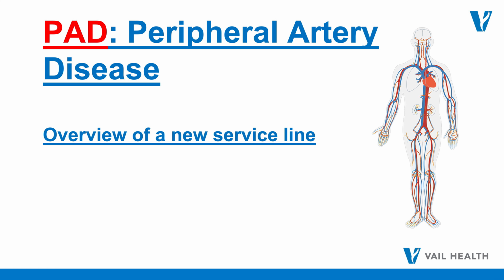So it happens in other arteries. And so we're able to manage it with procedures and medications and walking therapy and all those things when it happens in other places. That's a big focus of mine. My practice is pretty 50-50 split between peripheral disease and coronary disease. And so that's something that we are able to do here.